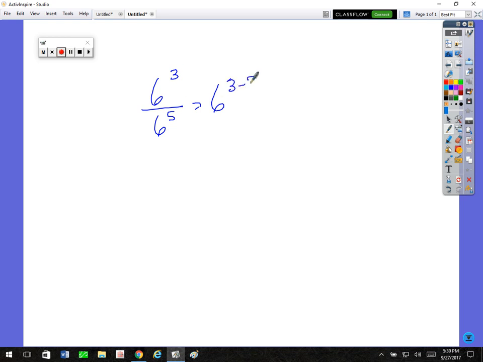So 6 to the 3 minus 5 would give me 6 to the negative 2nd power, because 3 minus 5 is negative 2. And I can't have that, so what I've got to do is change it to a fraction. But now I can finish this one out, because 6 squared means 6 times 6. So that gives me 1 over 36. Final answer, ladies and gentlemen, is 1 over 36.